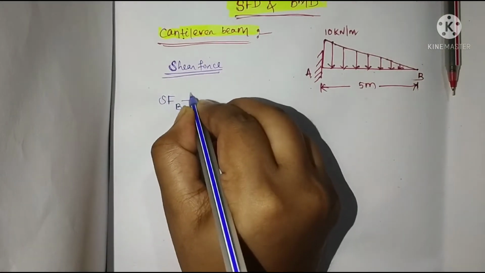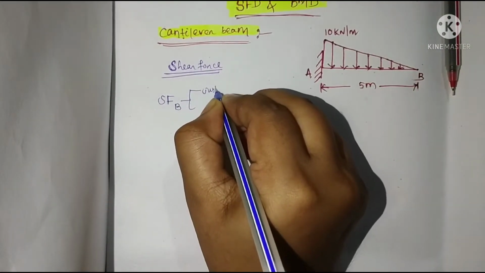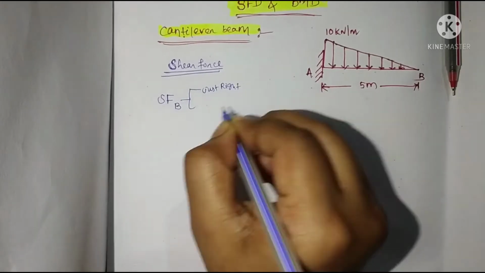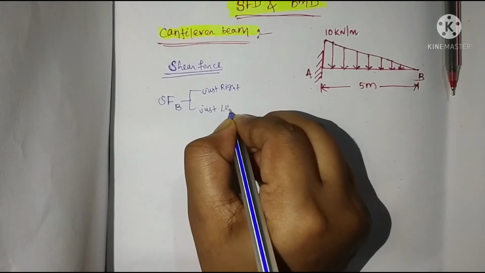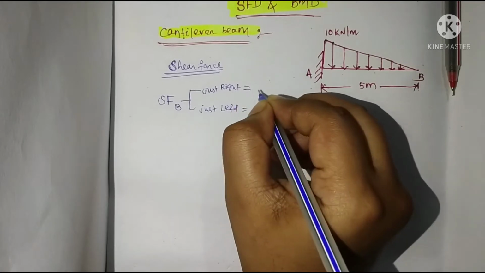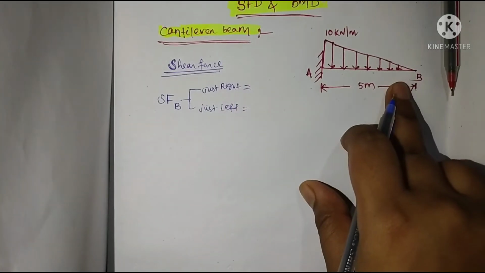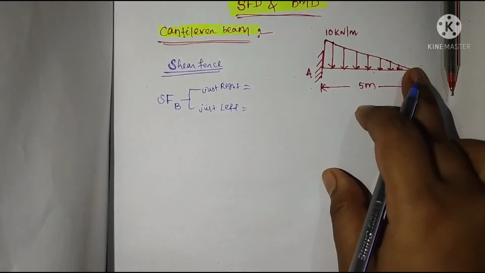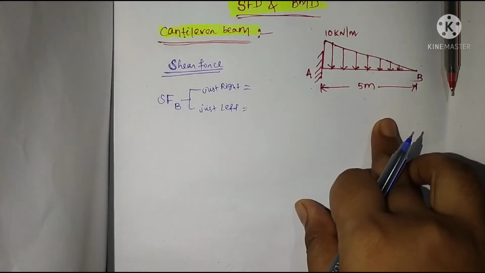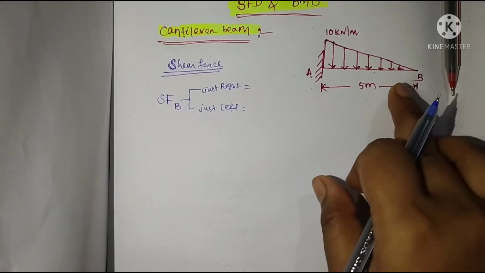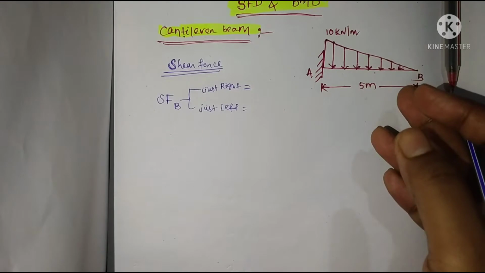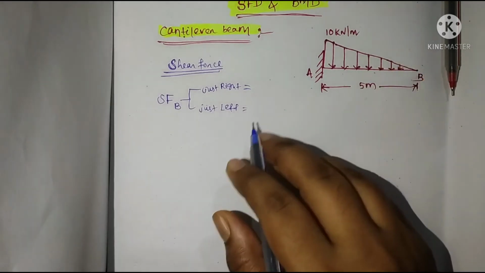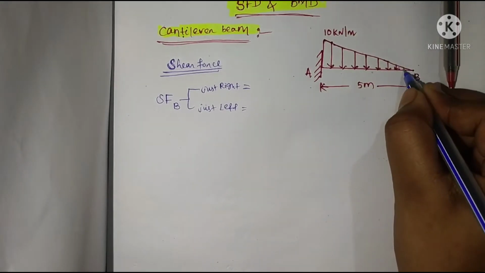First, shear force at B, just right, and then just left. I will recall the sign convention of shear force: an anticlockwise moment is negative, and a clockwise moment is positive. Okay, now let's start.